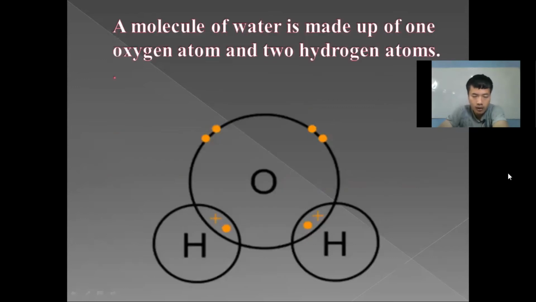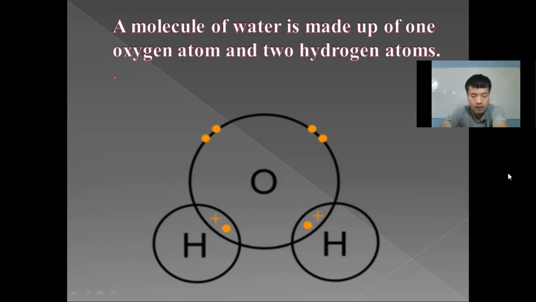A molecule of water is made up of 1 oxygen atom and 2 hydrogen atoms. The atomic number of oxygen is 8, electronic configuration is 2, 6, and its valency is 2. That means oxygen needs 2 more electrons in order to be stable.